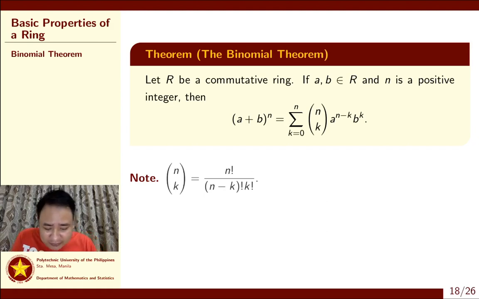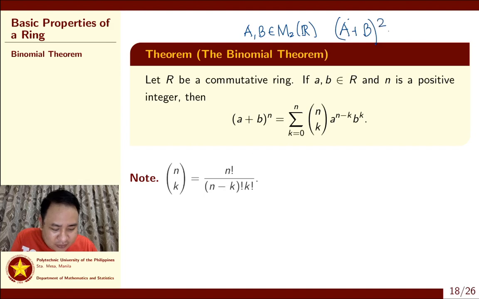So for example, if A and B are matrices, let's write it. For A and B, 2 by 2 matrices, for example, don't expect that (A plus B) squared is the same as A squared plus 2AB plus B squared, because that comes from the binomial theorem.